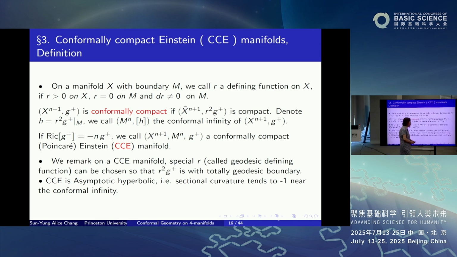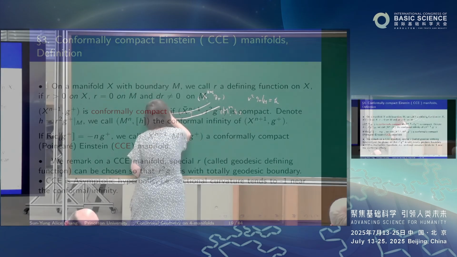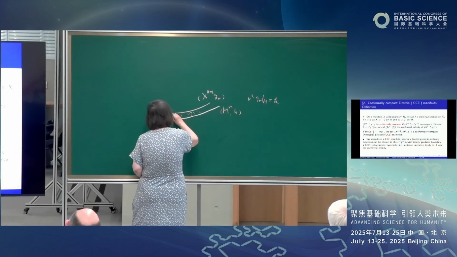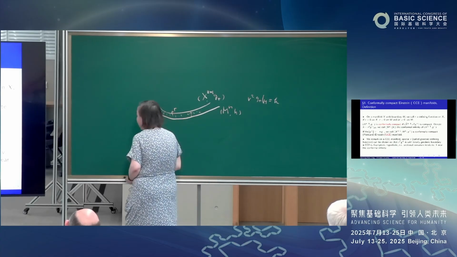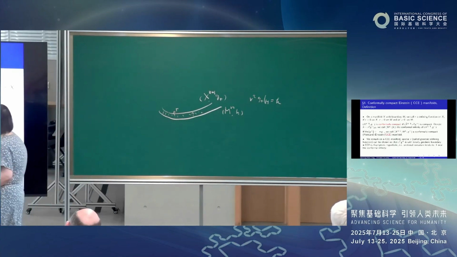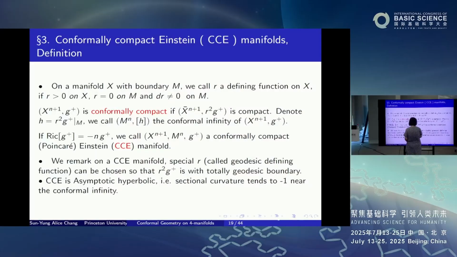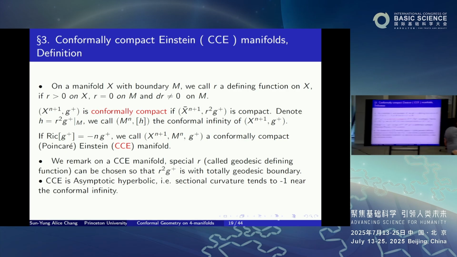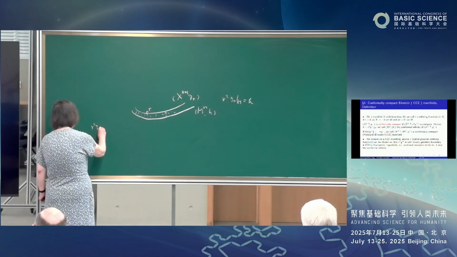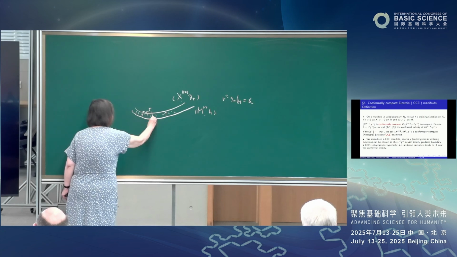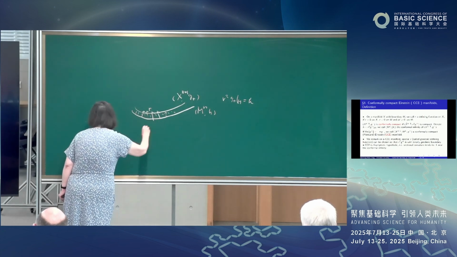So this only exists in a small tubular neighborhood. There is an M and then this r. And this geodesic defining function r squared g_+ is a totally geodesic boundary, and I forgot to write down, this r squared g_+ is like a product on the manifold in an asymptotic neighborhood.